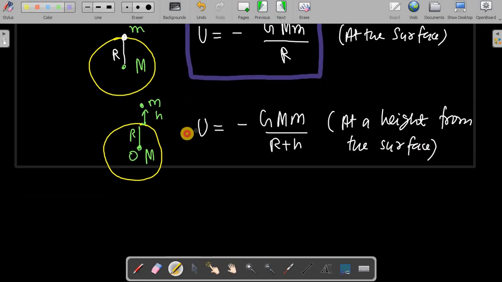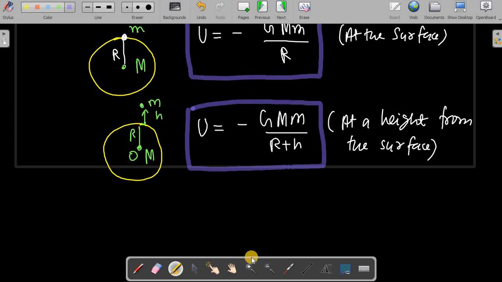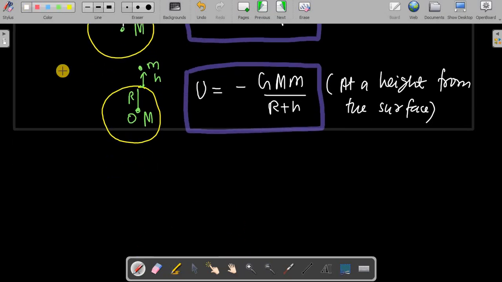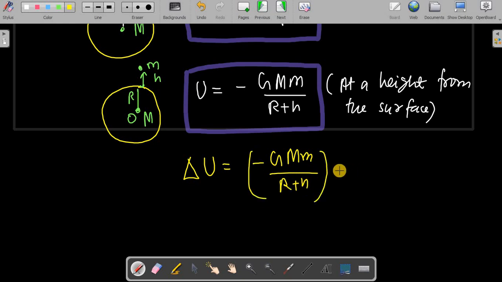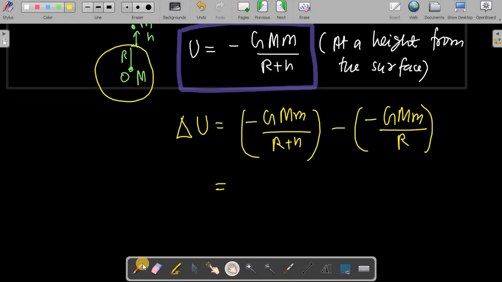Now you can take the change of potential energy. Suppose, for example, you are taking the particle from ground to top. What will be the change of potential energy? Delta U is minus G M m by R plus h minus of minus G M m by R. Let's calculate.